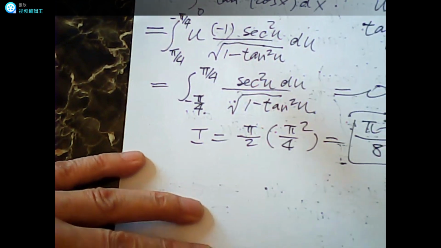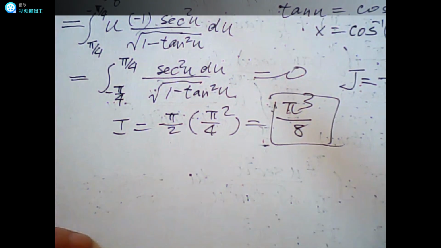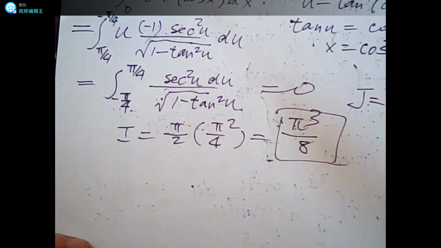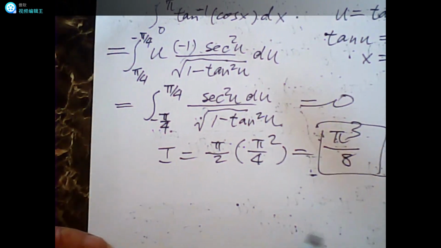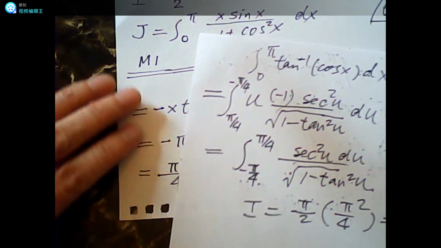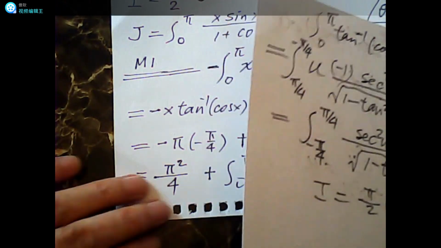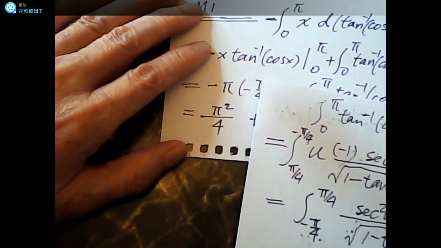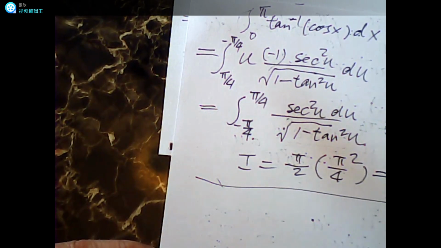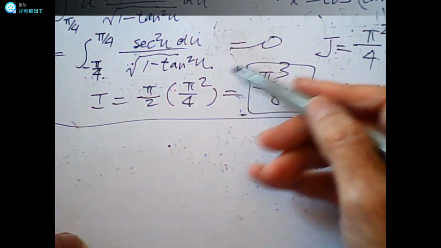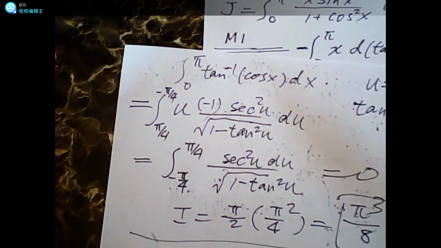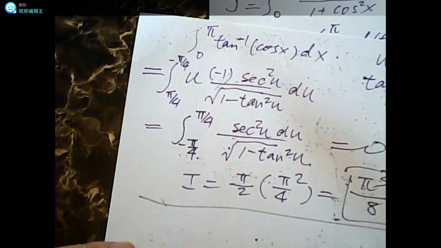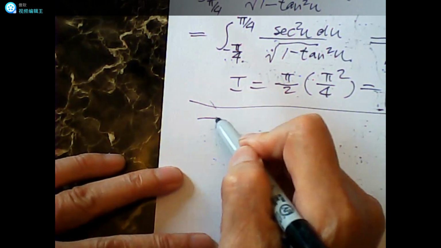So that is the result for our integral by method 1. Now, let me do the second method for J. This has been done with method 1 for J. Now let me do J for method 2.